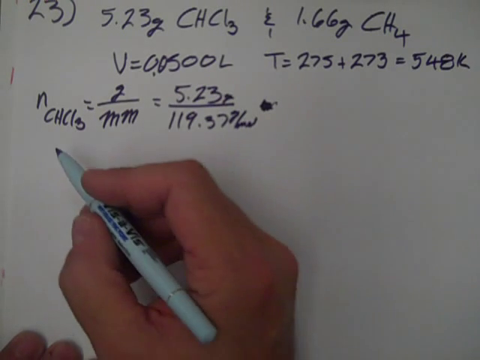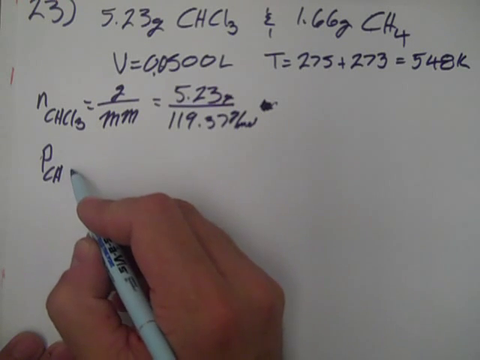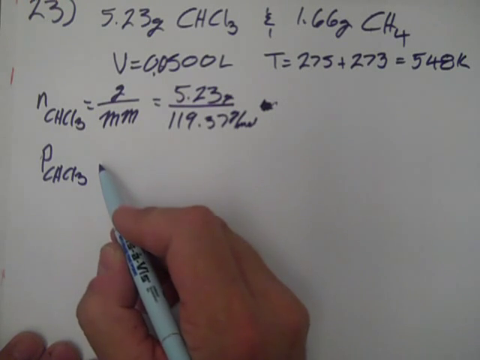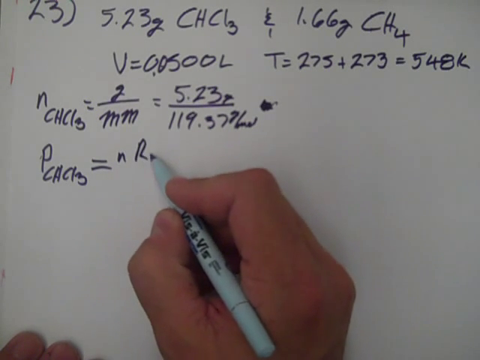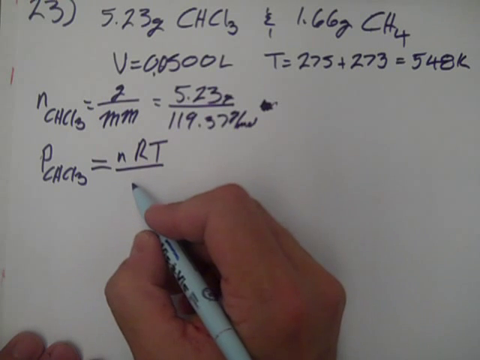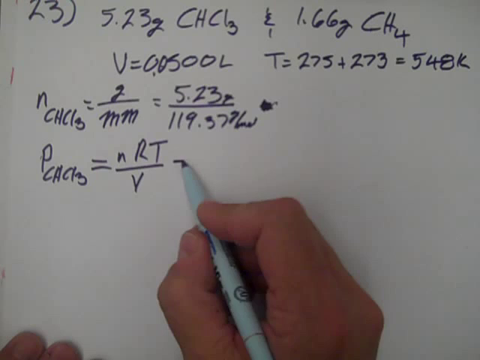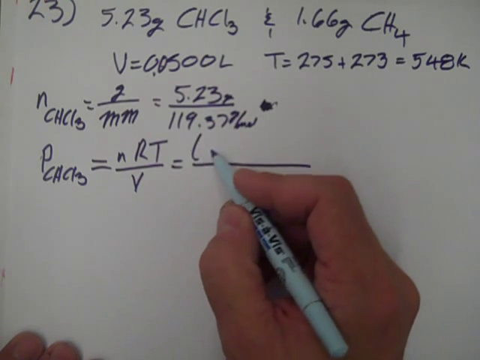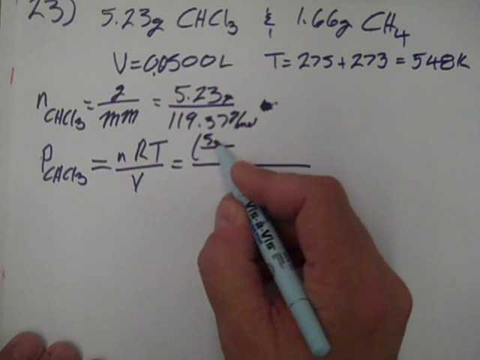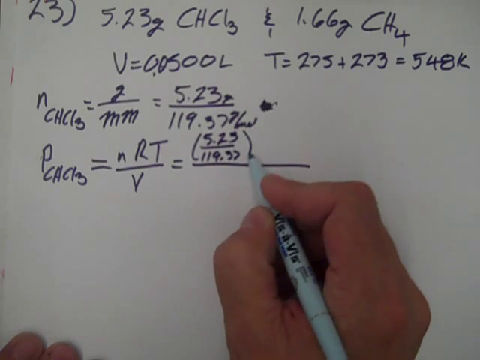What I want to find is the pressure that comes from the chloroform. And the pressure is going to equal nRT over V. So for moles of chloroform, I substitute in 5.23 over 119.37.